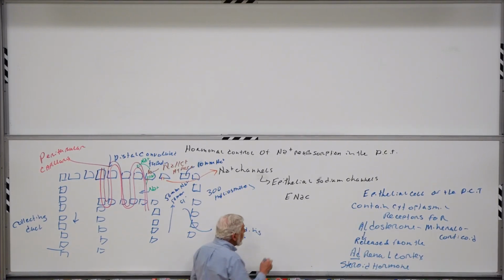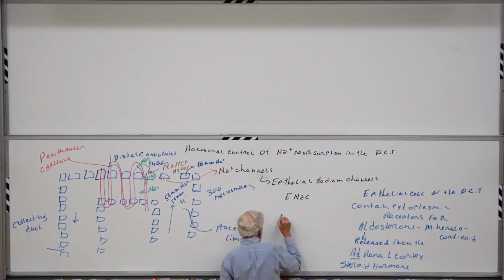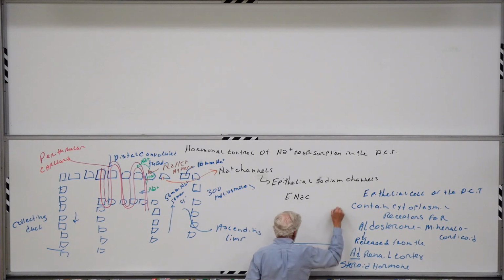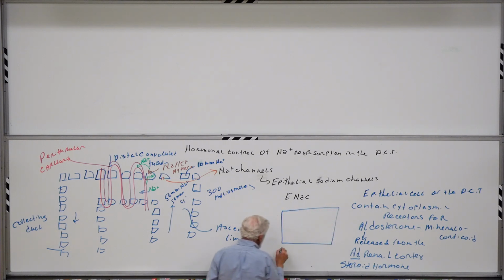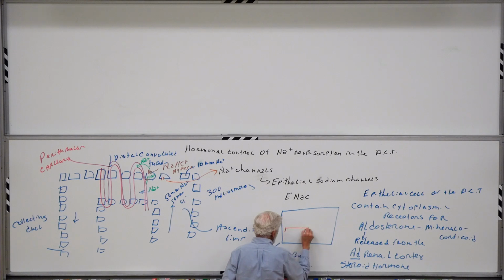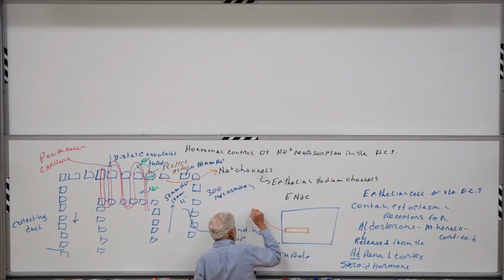What the steroid hormone will do, let me sort of blow this up and say this is a distal convoluted tubule cell. And here in the cytoplasm is going to be one of these steroid hormone receptors.